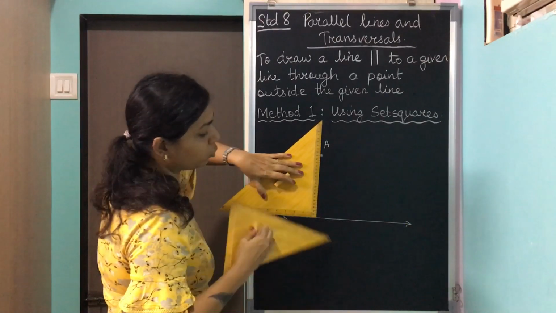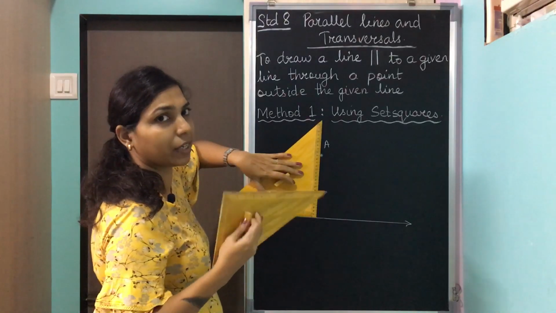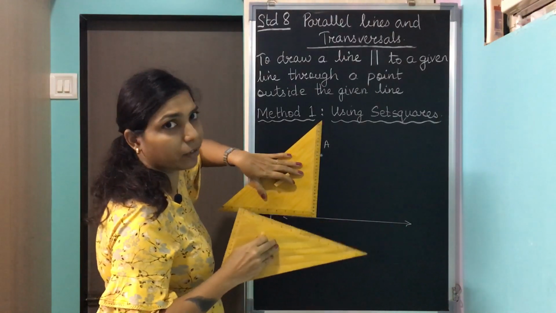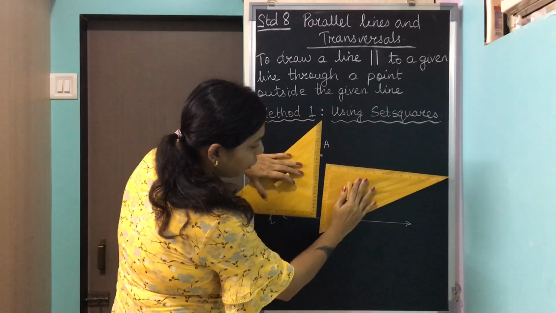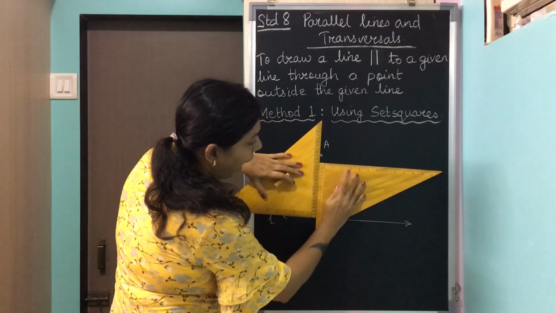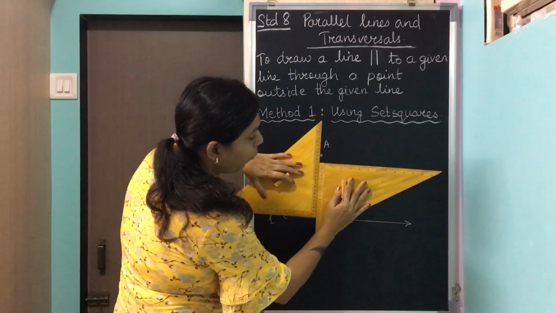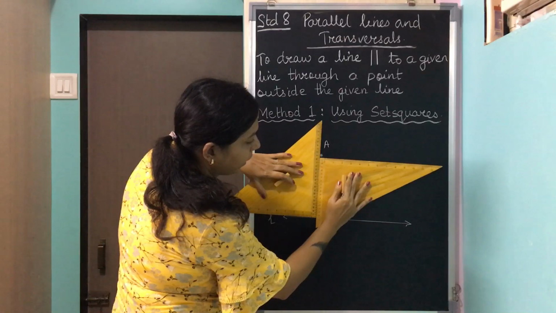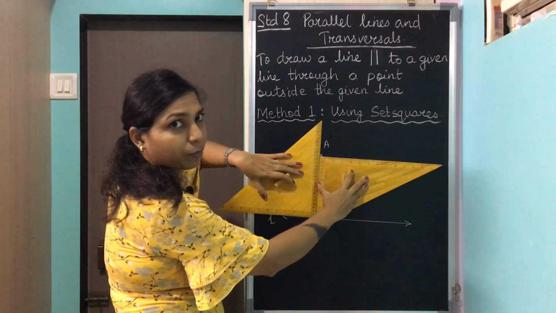You make sure that you don't change the position of this set square at all. It has to be very firmly held in place on your paper. You get your second set square like this and touch this side like this, and the top part of this set square should be touching your point A. So slide it upwards and your set squares should now be in this position.